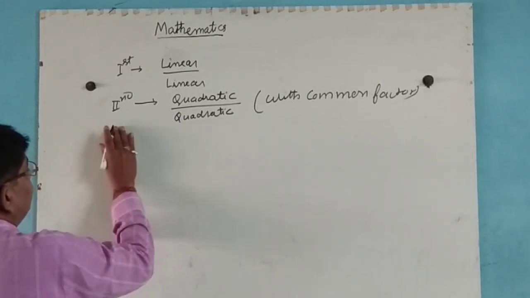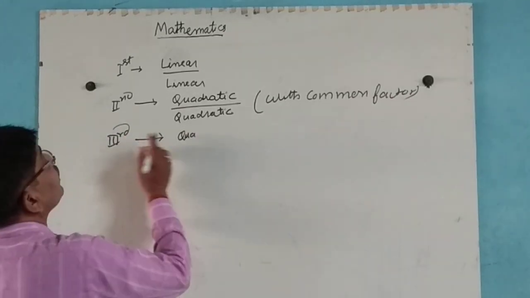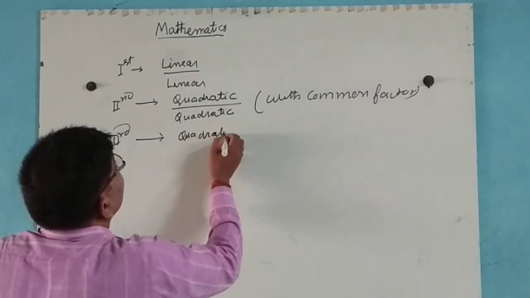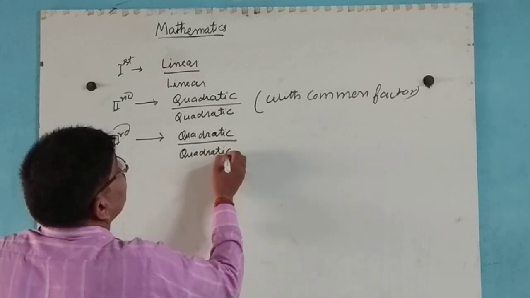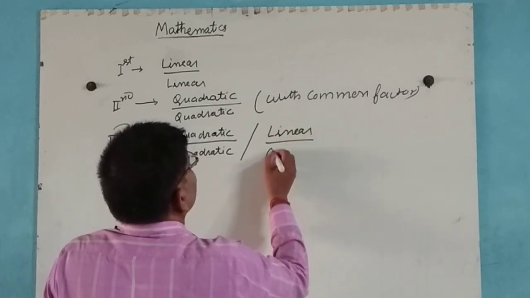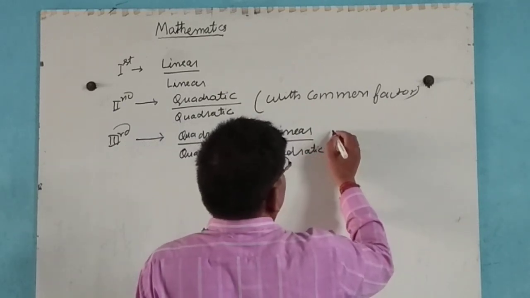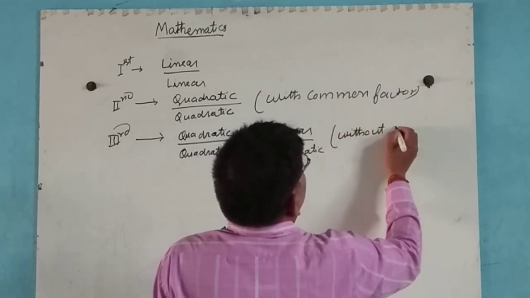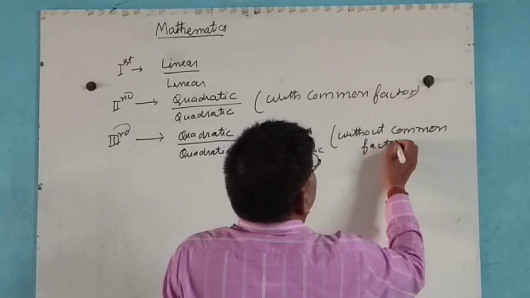Third type, quadratic by quadratic or linear by quadratic with no common factor or without common factor.